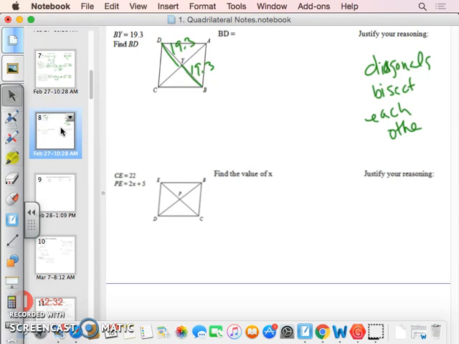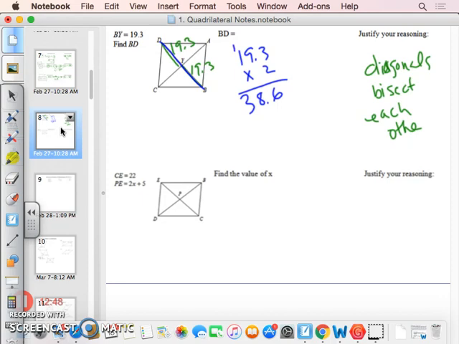But the question is asking me for the whole side from B to D, so I just have to take 19.3 times 2, and you get 38.6. You can also add them together.